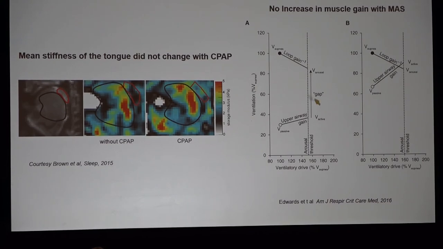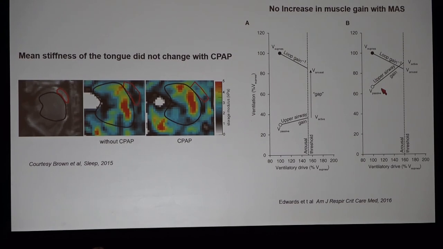to explore the predictive factors for the failure of the mandibular advancement. Here he has a large anatomical impairment. V apnea to V passive is quite large, and you put a mandibular advancement device, or you can do surgery to go up, and the upper airway gain hasn't changed.